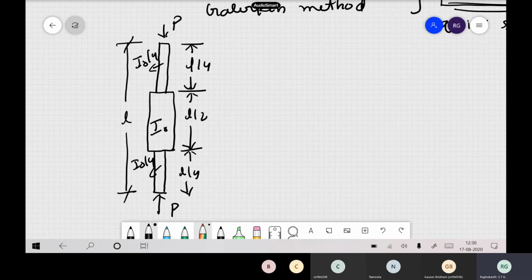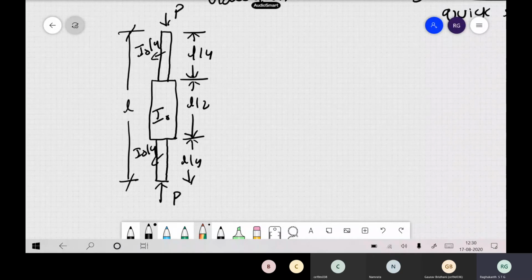Now, how do you solve by force method? You people remember, how did we solve previously? By enforcing some condition at the junction. Yes. So, what did we do?